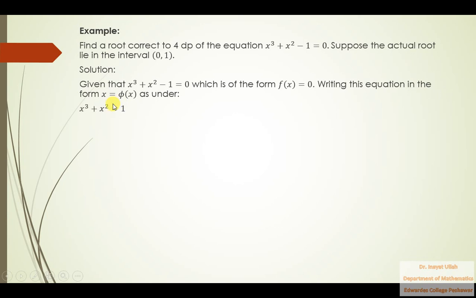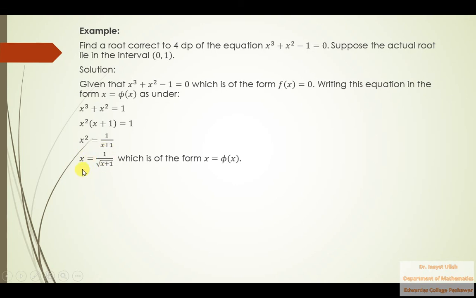First of all, we have shifted this one towards the right hand side, and then x square is common in these two, and then we divide this equation by x plus 1 to get this equation, and to get this form we need to take the square root on both sides. So square root of both sides is x is equal to 1 by square root of x plus 1.